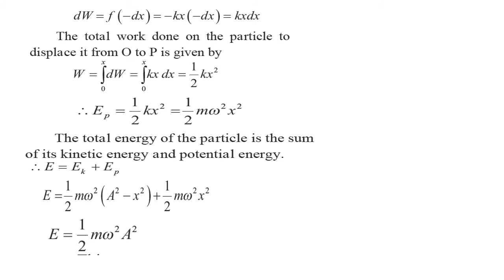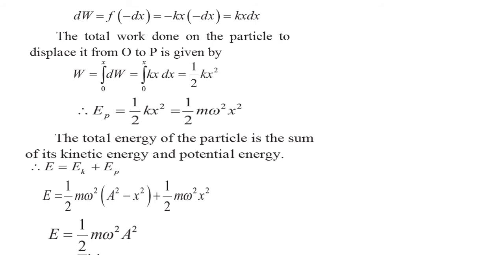Substituting the value of dw, we get the integration from 0 to x of kx dx. Here k is a constant, so it will come out of the integration sign, and what remains inside is x into dx. As per the rules of integration, integration of x dx is x square upon 2. So the value of w comes out to be 1/2 kx square.